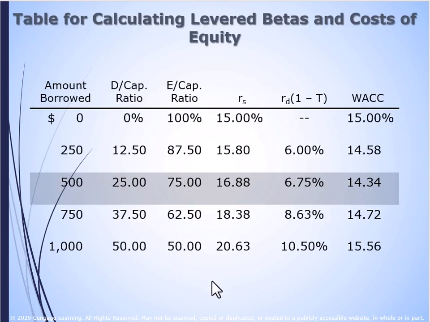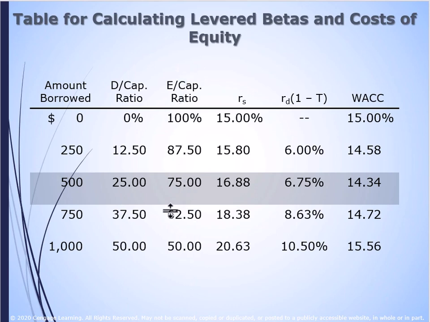So in our previous video, we talked about a company that's thinking about recapitalizing. They have varying levels of debt. They have $2,000 total in assets. So we have a debt capital ratio. We talked about the equity to capital ratio, right?